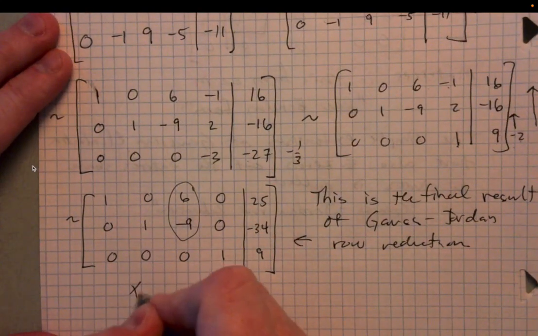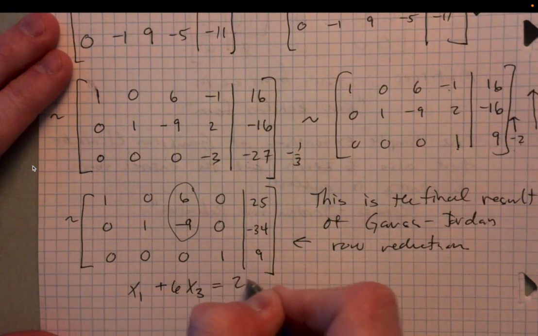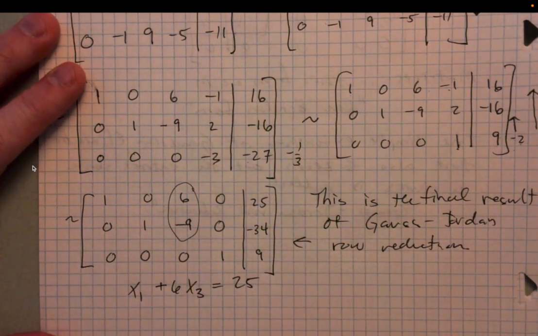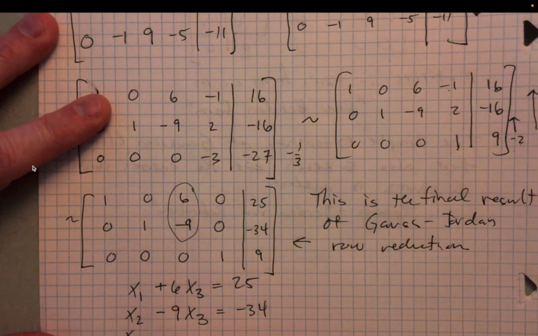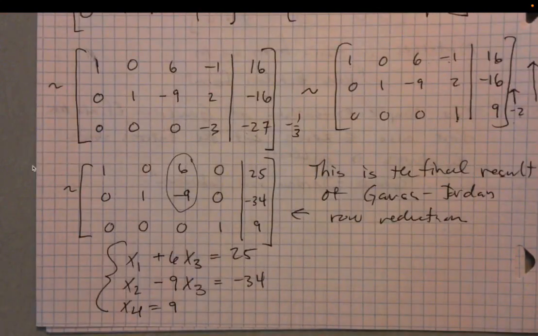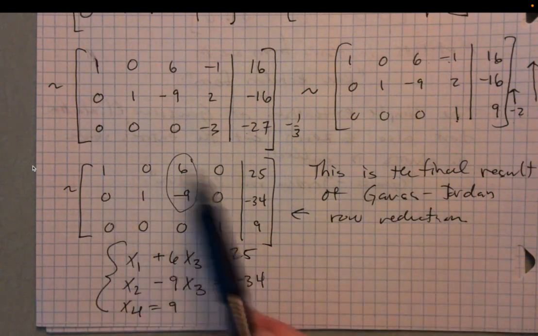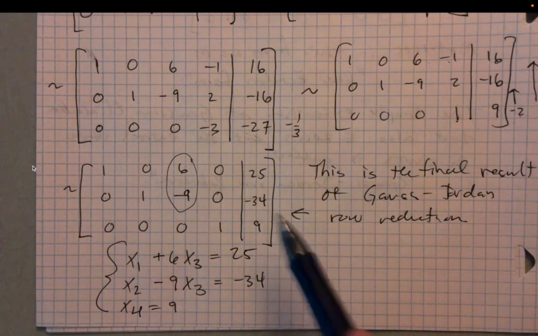So we'd have x1 plus 6x3 equals 25. That's the first equation. And then we would have x2 minus 9x3 equals negative 34. And then we would have x4 equals 9. And so this would be our system, right? If we were to take this augmented matrix, row reduced using Gauss-Jordan, and convert it back into the system notation, this is what it looks like.